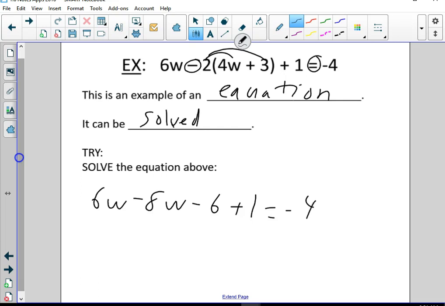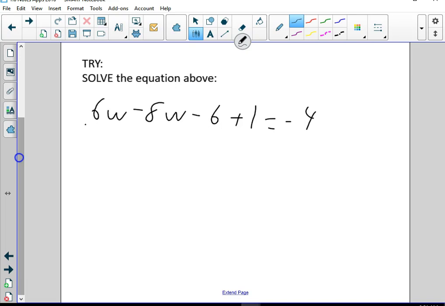Now on this side, all we're going to do is kind of clean it up. So w, number, all right? So 6w's take away 8w's is negative 2w. Negative 6 plus 1 is negative 5. And that's still equal to negative 4.